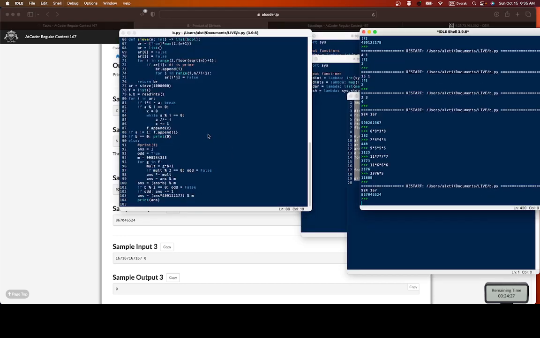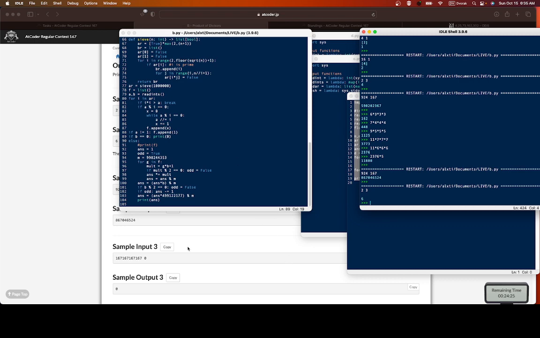That's the value. That's the code. That is the code.